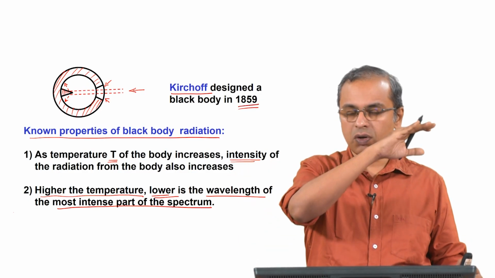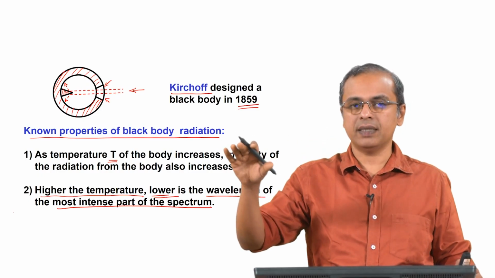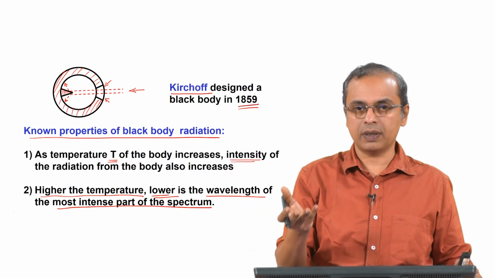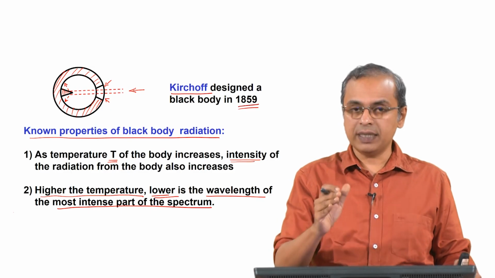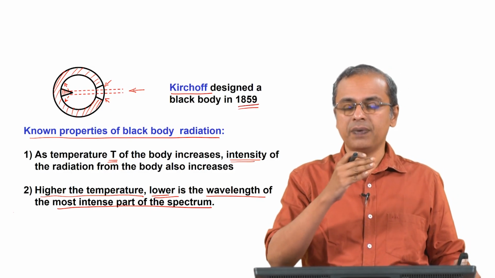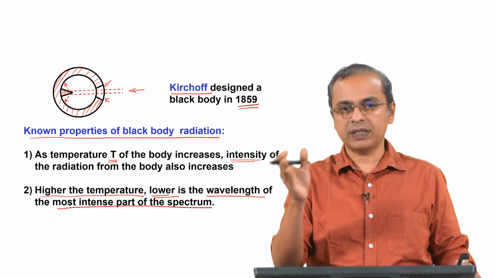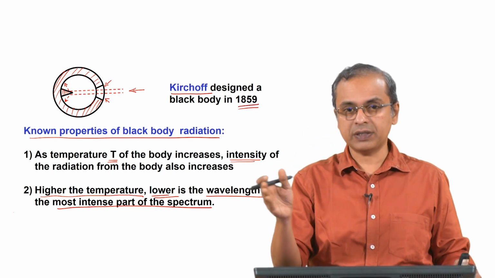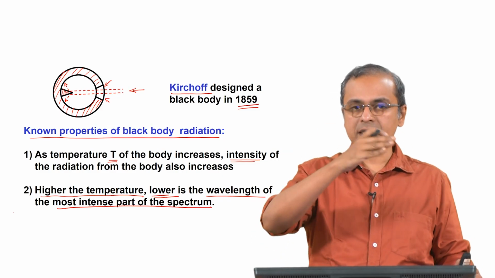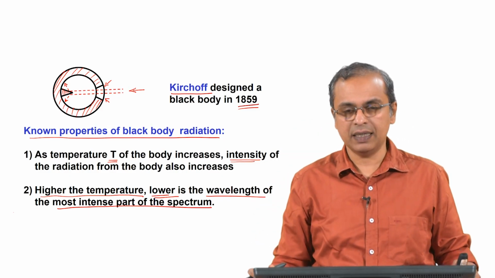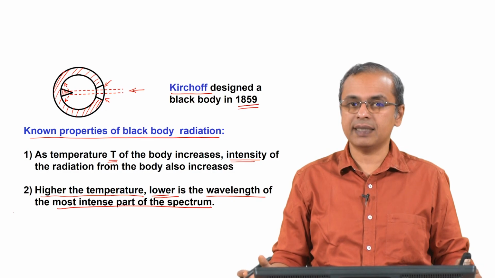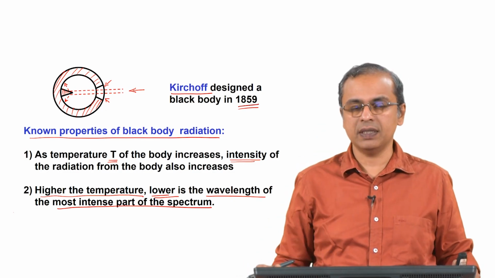It is not that at all wavelengths you are getting exactly the same intensity. On the other hand, you actually see a well defined variation in intensity as a function of the wavelength. At specific wavelengths you see a specific intensity of this black body radiation, and it has a certain shape associated with it.